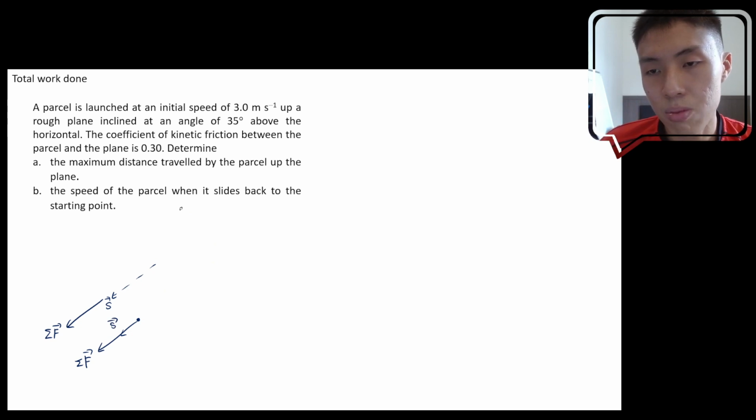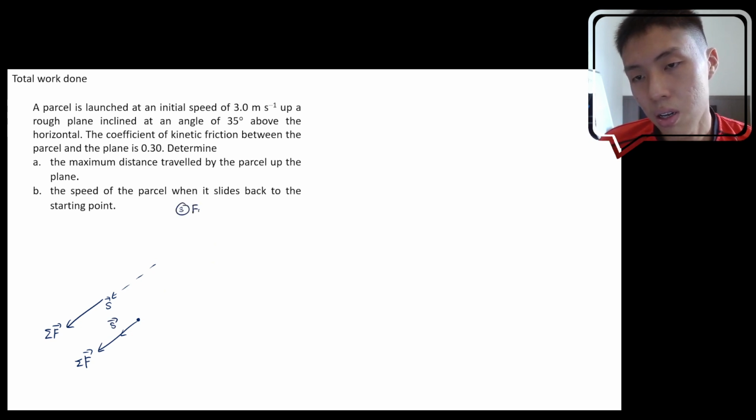So step 3, you want to find work total, or the work done by the net force. So work total, which is the work done by net force, should be equal to sum of the force dot S. And we can open this up to become sum of F multiplied by S cos theta.